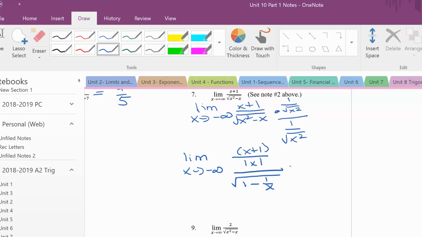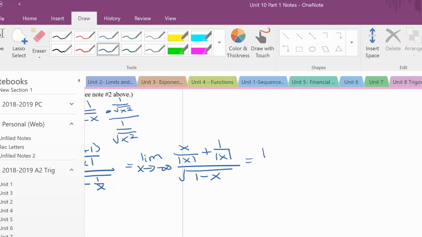I'm going to go sideways here because I'm going to run out of room. So then we have the limit as x approaches negative infinity of, if you split up the numerator, you have x over the absolute value of x plus 1 over the absolute value of x over the square root of 1 minus x.